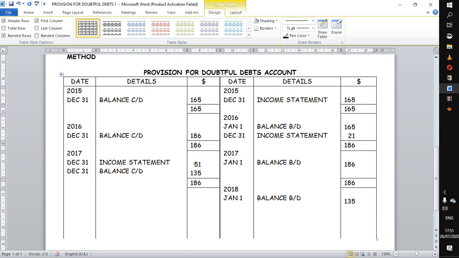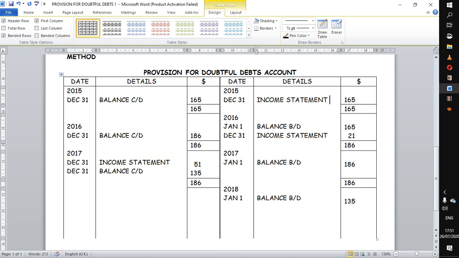So you can see that the provision for doubtful debts account can show amounts transferred to the income statement, as expenses and at the same time as income, depending on whether it is an increase in provision or a decrease in provision. So everything that is here was showing us an increase in provision.